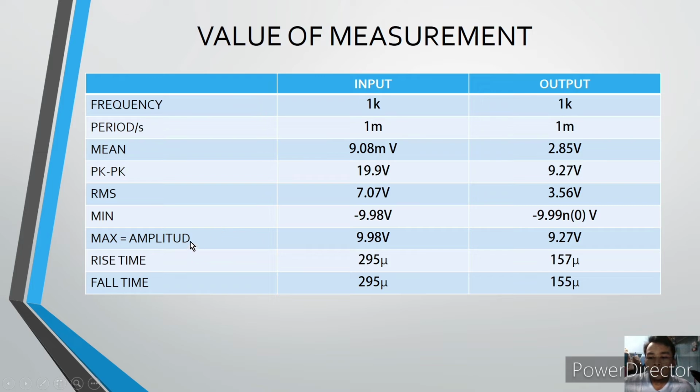Furthermore, for maximum value, rise time and fall time, the output signal is less than the input signal. We can conclude that when the input signal is positive, the diode is forward biased and it can conduct the current. Besides, when the input signal is negative, the diode is reverse biased and does not conduct the current.